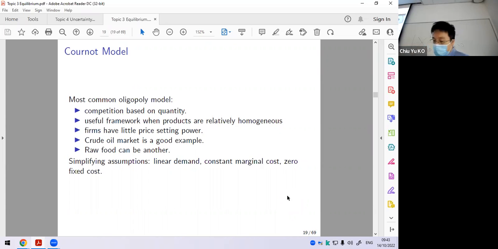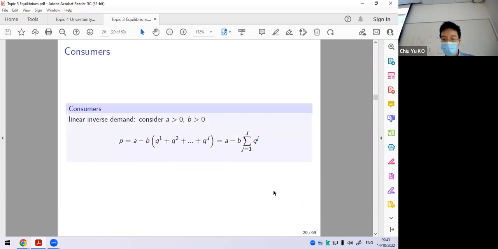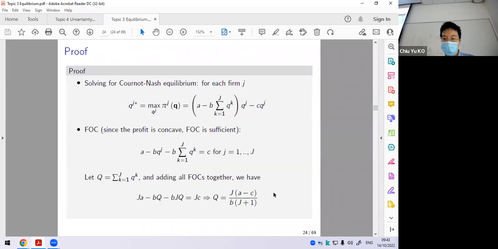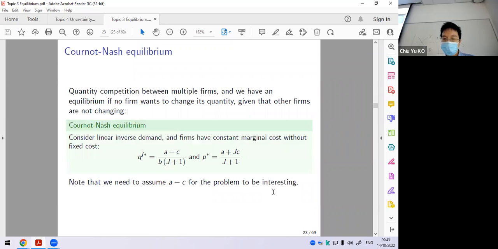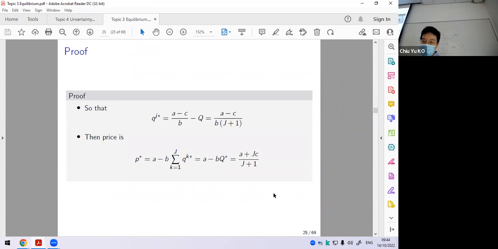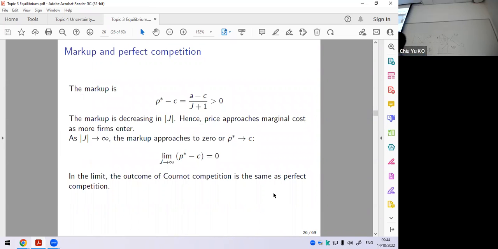Say you see the outcome is indeed the price is about the marginal cost, say P is higher than C, okay, and right, P is higher than C. Look at this, the markup is higher than C, and this markup actually vanishes as more firms come in, right?